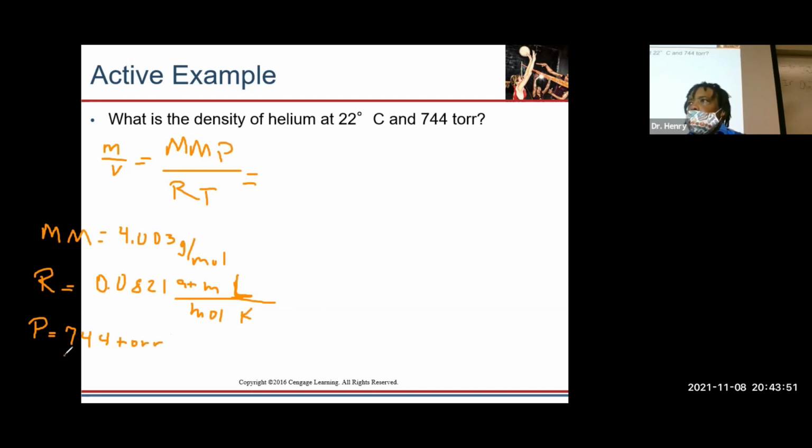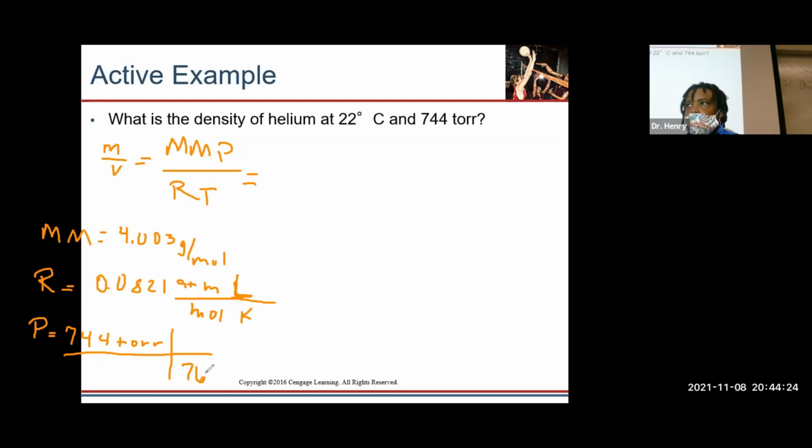How many torr equal 1 atm? We know 760 torr equals 760 millimeters of mercury, which equals 1 atm.